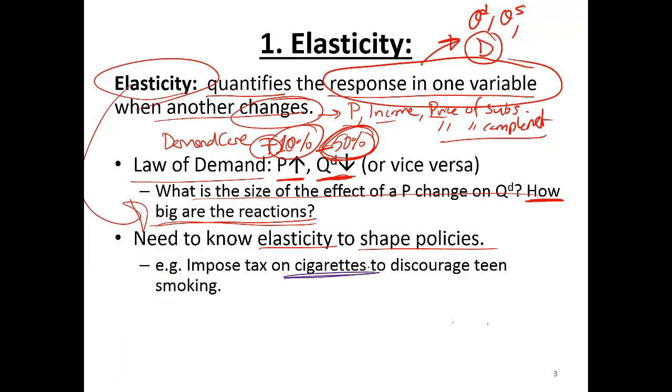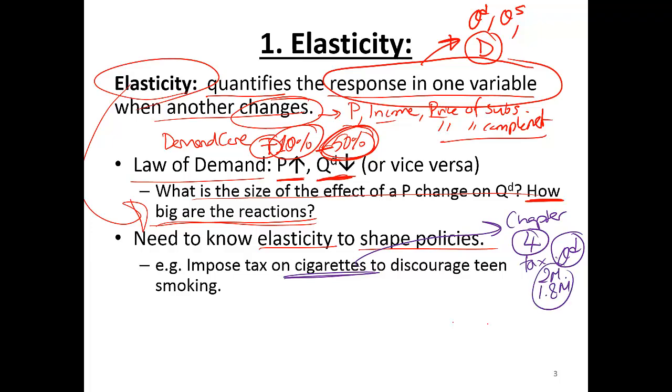For instance, let's say you want to impose a tax on cigarettes. Remember the previous chapter, chapter 4, the very last part. We talked about the impact of a tax on cigarettes, and we found that quantity demanded had gone down from 2 million packs a day to 1.8 million.